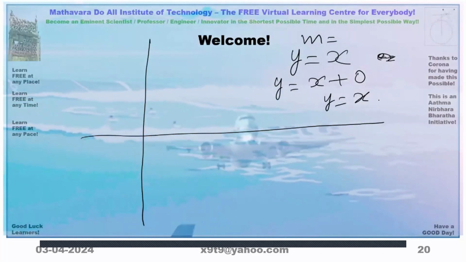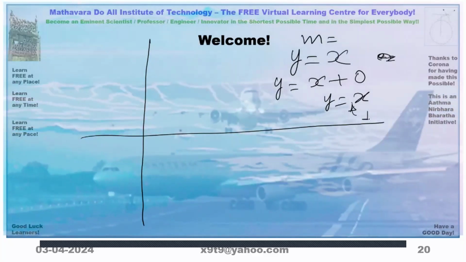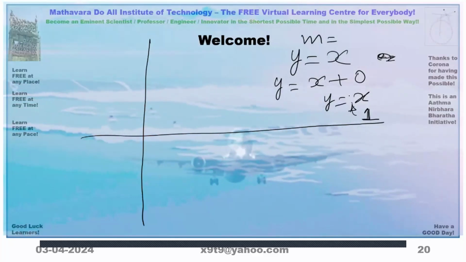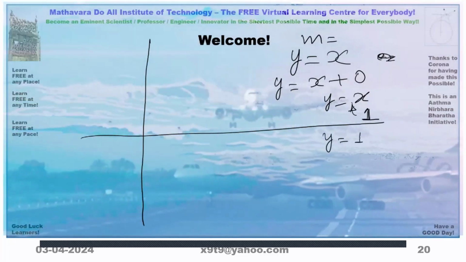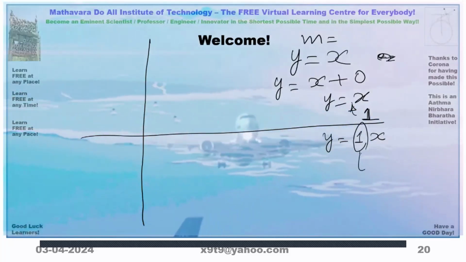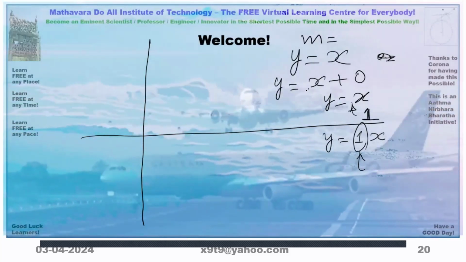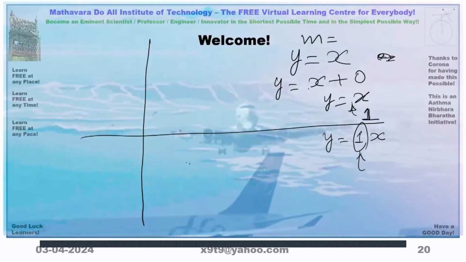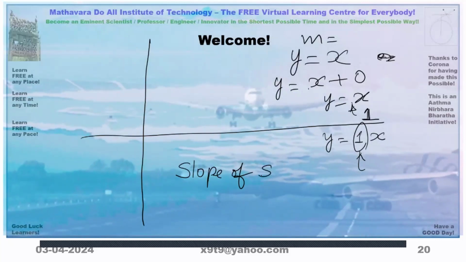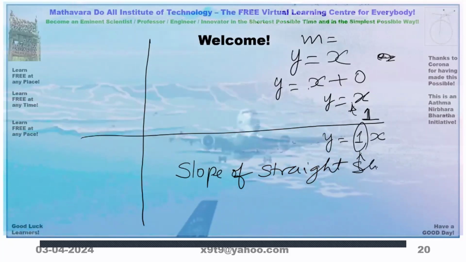We always assume there is 1 if it is not written, because we will not write y is equal to 1x. Only if it is any other number we will write. So the coefficient of x gives m, that is called the slope of the straight line.